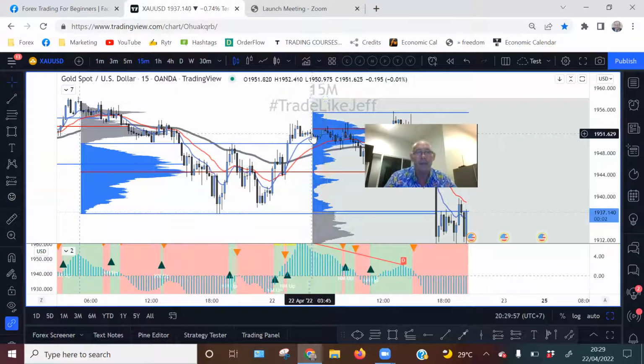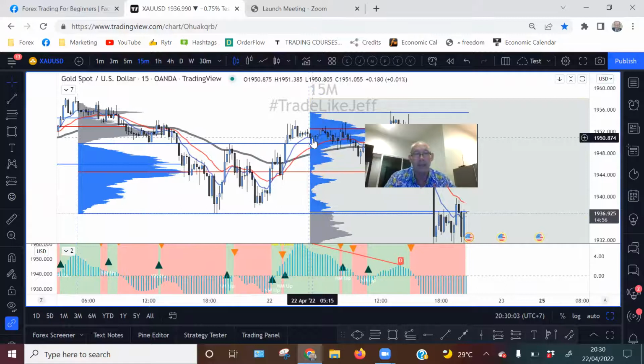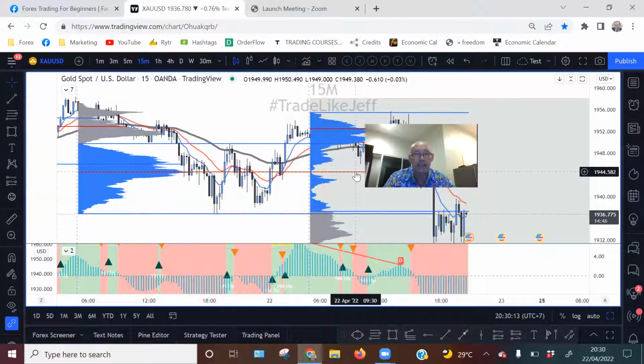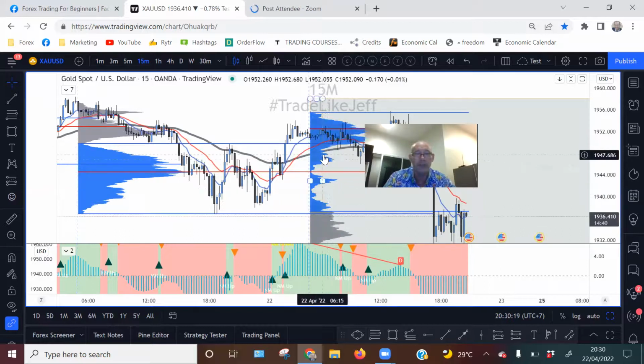Yes, I have targets, so we have to wait. The first target is to break through this here, and if we do so, we can enter a trade. Our second target is here and another one here. And then we can bounce up and down and do different things.